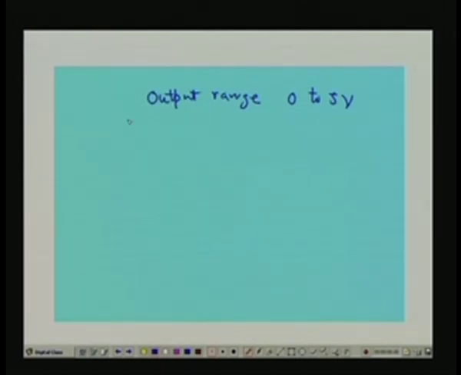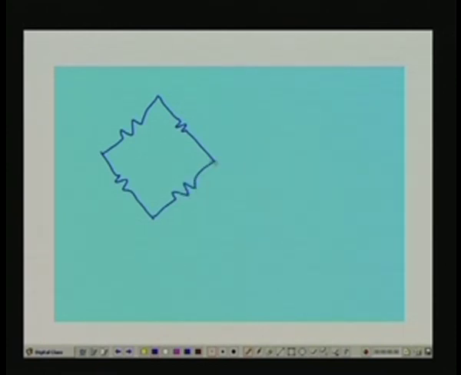The circuit looks like this. Let me take a blank page again. So, I have an instrumentation amplifier here, and this resistance we have taken variable.